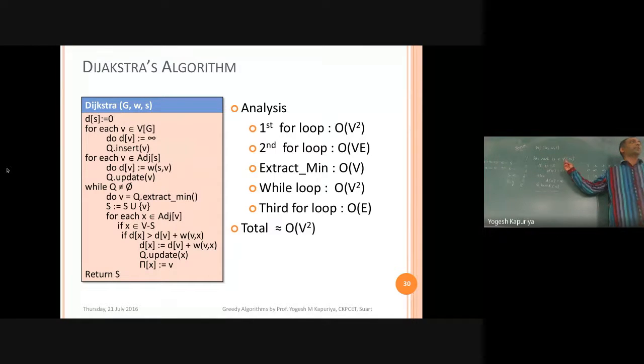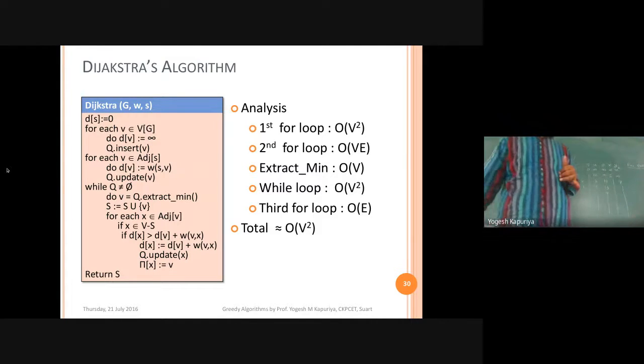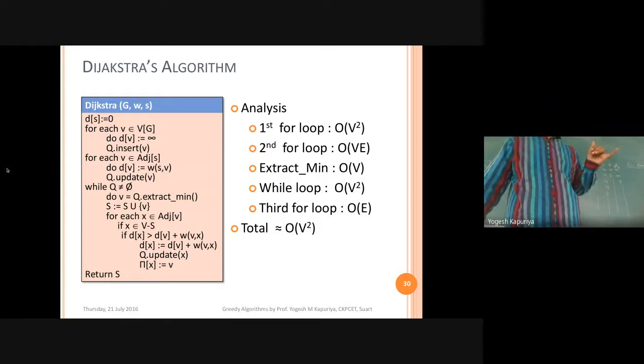Now this is a directed graph. In case of a directed graph, you have to consider only the outgoing edges, right? If X belongs to V minus S, now what is V? Set of vertices. What is S? Capital S, the solution set.